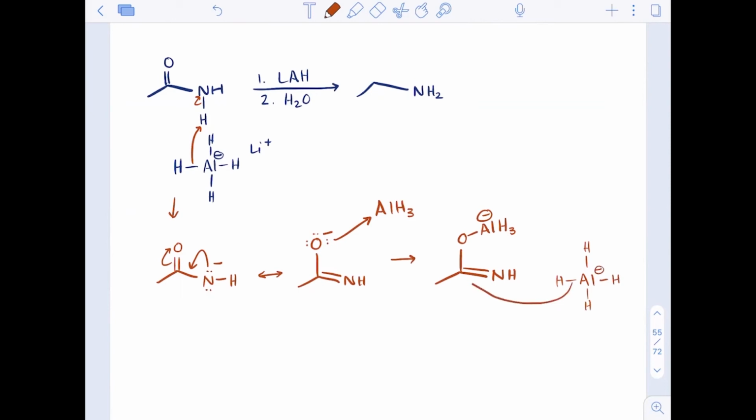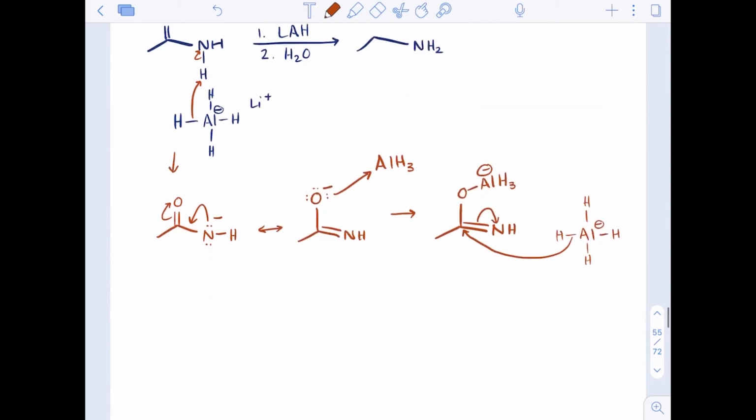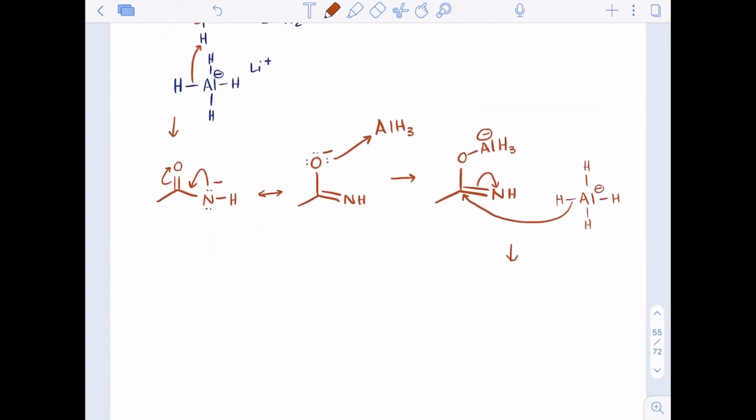It's going to attack again the carbon of the carbonyl, or of the imine, I suppose we should say, on this one. Awesome. And now this is where nitrogen can kick out oxygen completely.